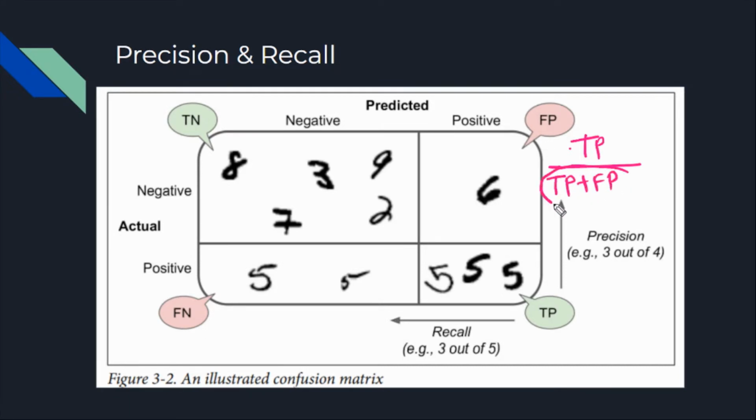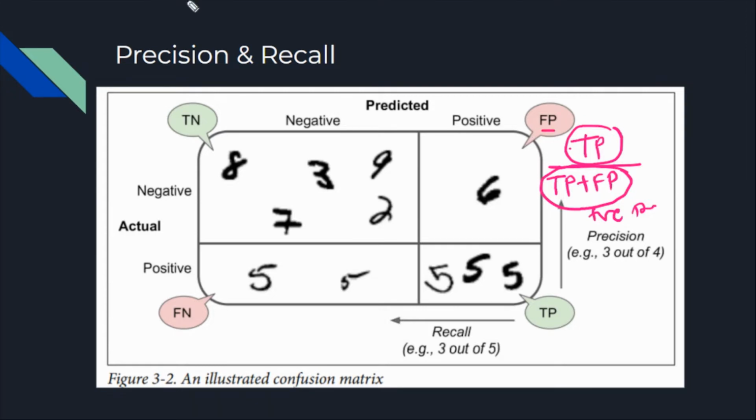This is my total positive prediction. From this total positive prediction, this much is what my model predicted correctly. This is called precision. The important factor which needs to be focused on here is FP.